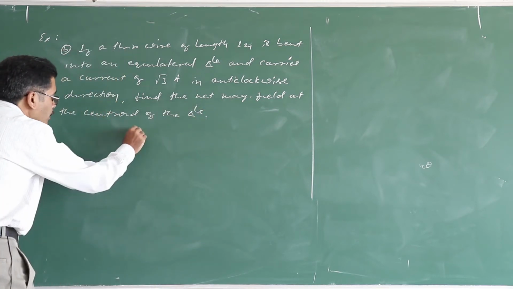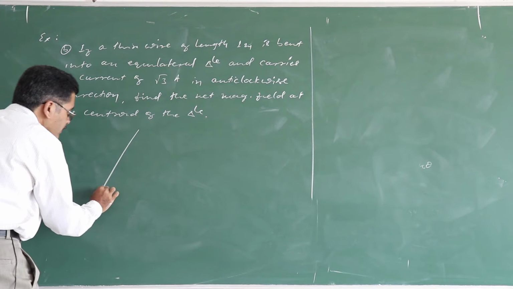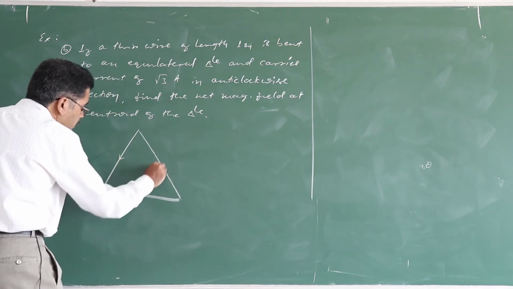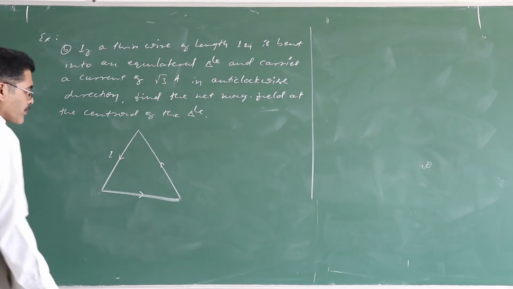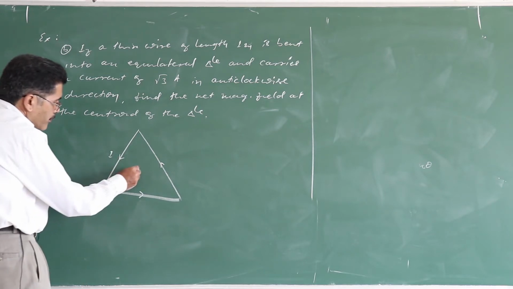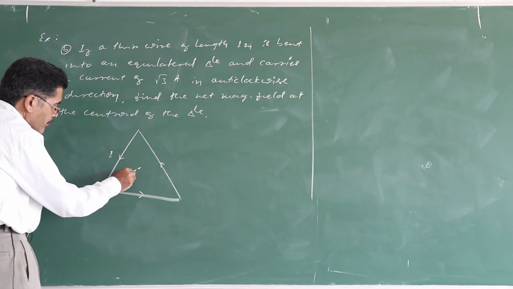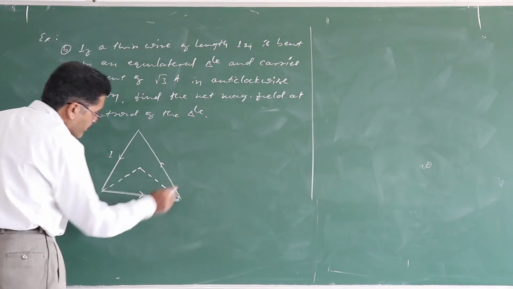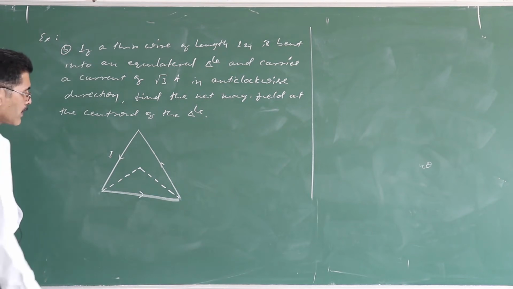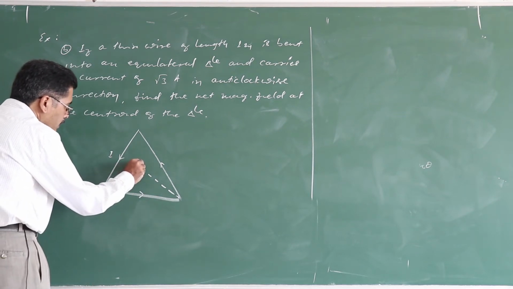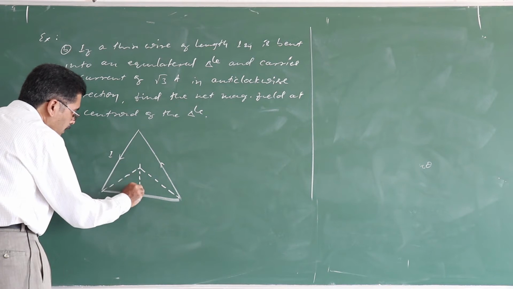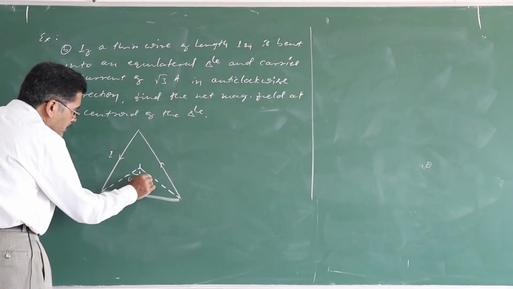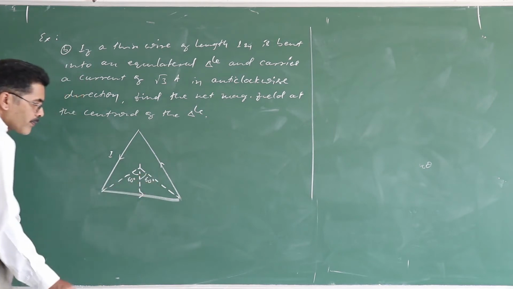See here, a wire is bent like this. Let me say current is flowing in this direction, I. I just take this angle. What is this angle? This is equal to 60 degree. This is also 60 degree.